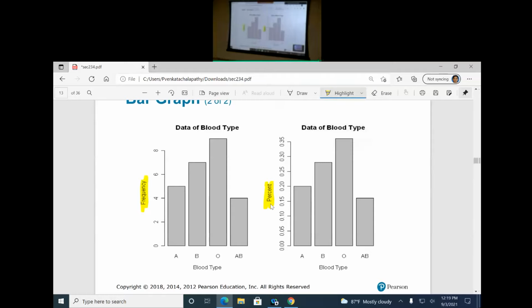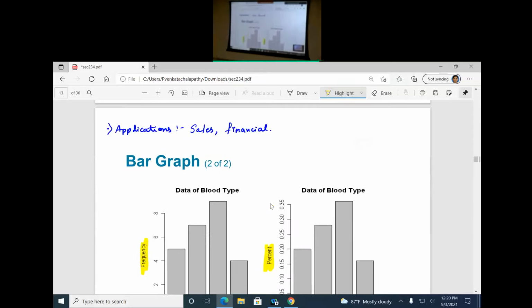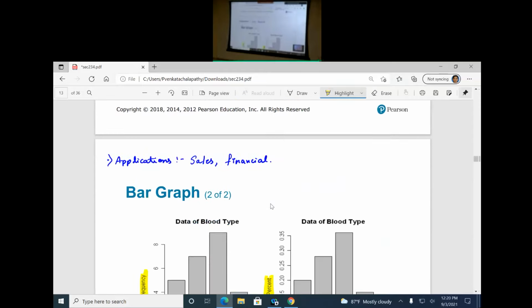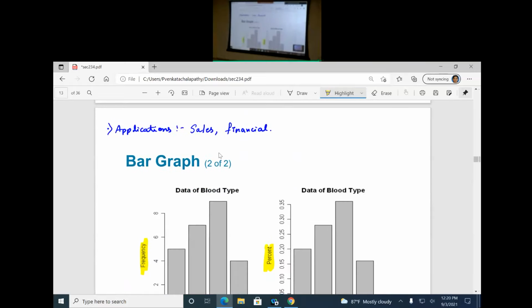That is the relative frequency distribution, right? Relative frequency distribution is nothing but it's a part of the frequency distribution which is expressed in percentage. Okay, so this is your bar graph. Applications, again, it is most commonly used in sales and financial.